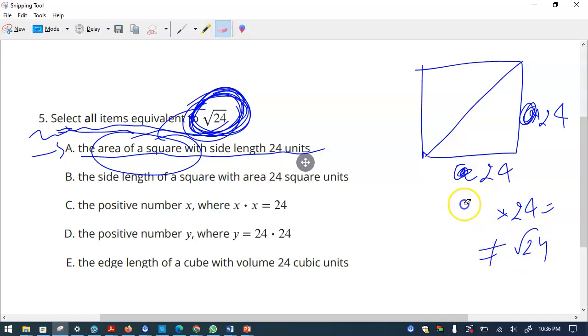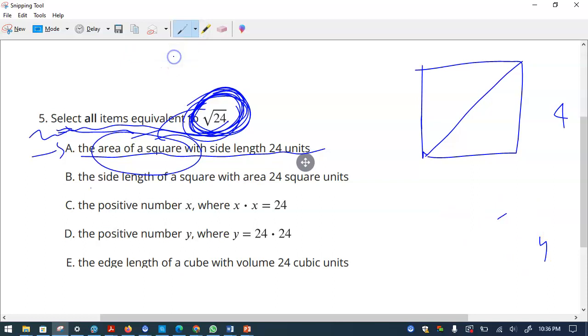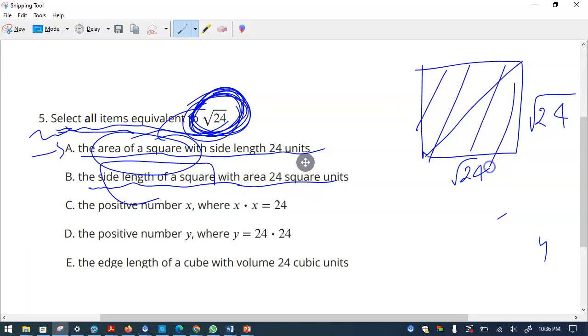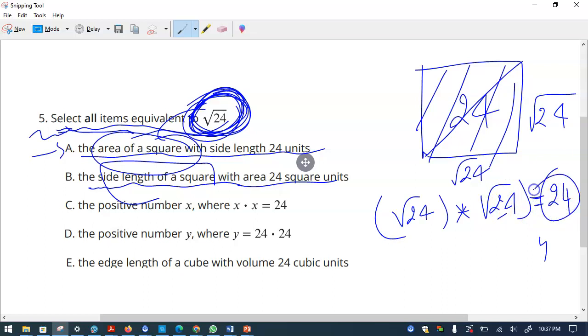The second option is saying the side length of a square. So this is square root of 24 and this also is square root of 24, with area 24. This makes sense because the area of a square is length times width, so you are multiplying it by itself, and this gives 24, which is the area.